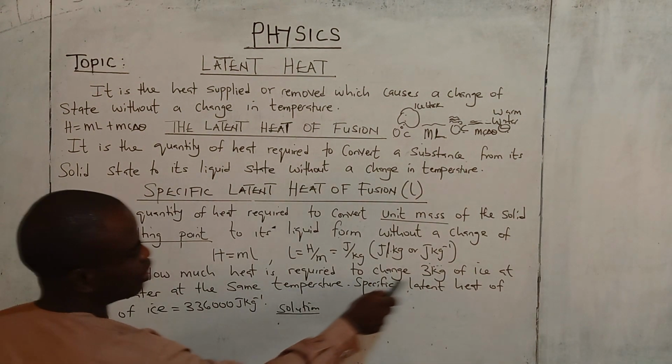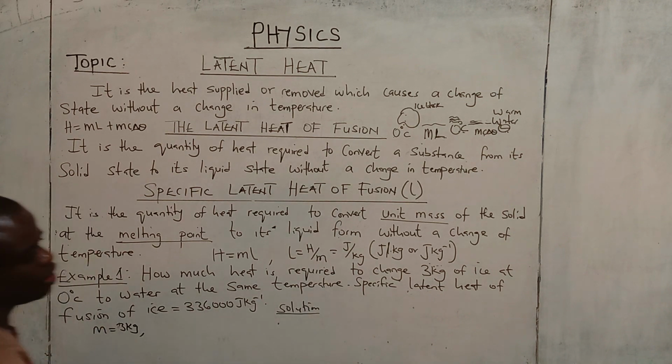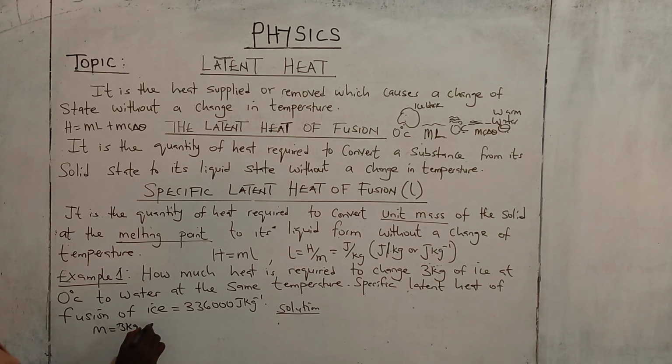Now let's solve a problem. How much heat is required to change 3 kg of ice at 0 degrees centigrade to water at the same temperature? See, no temperature change. And l is 336,000.